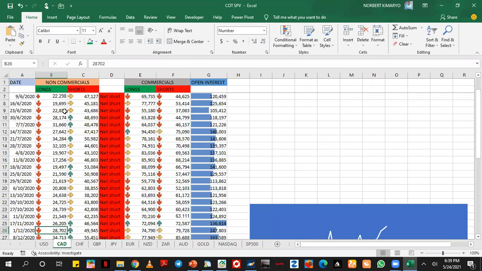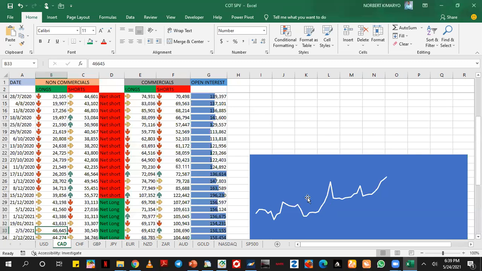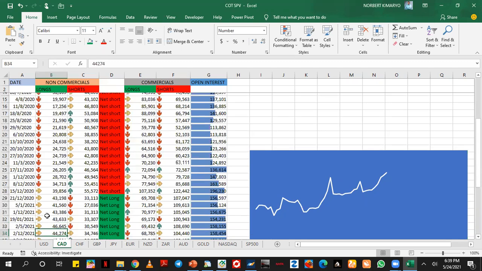And this graph is for the open interest. You can see the open interest right now, it's around the multi-year maximum. And this is for the CAD, Canadian dollar. They are extremely net long. And we look at net positions for the large speculators, the non-commercials. So the number of longs minus the number of shorts gives us the net positions.